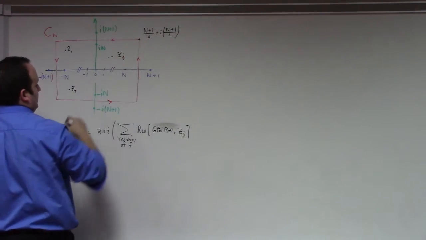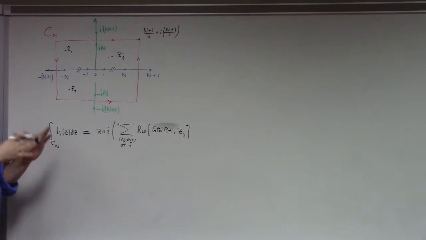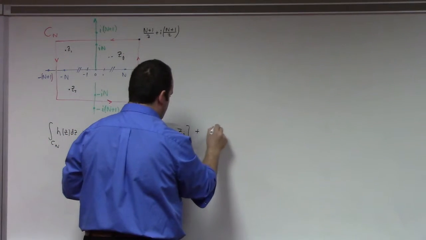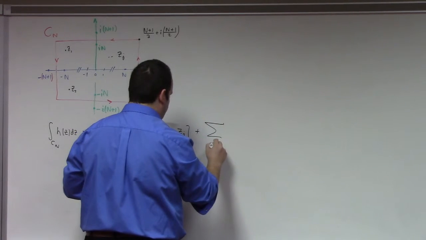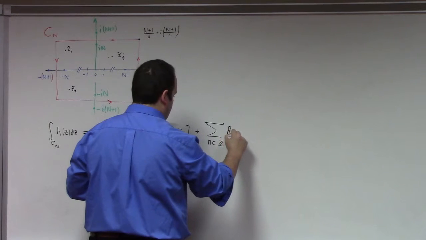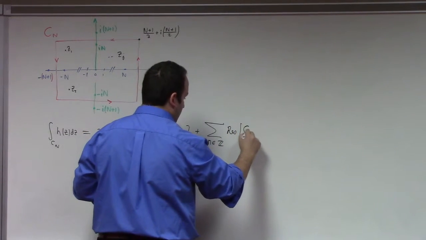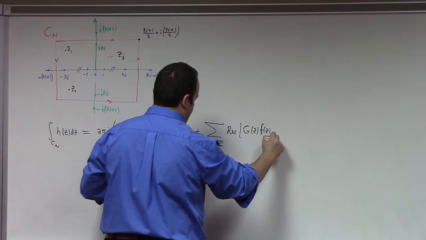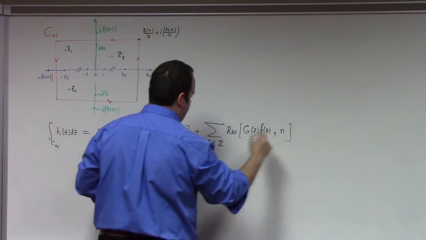Here's the jth one. There's some finite number of those. And then plus the sum over n in the integers of the residue of g of z, f of z, at n.